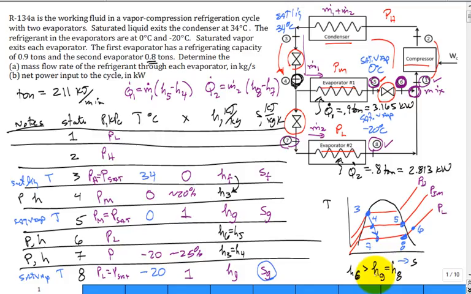Okay, that helps us get that enthalpy at 6, and the enthalpy at 8 is known. What about, at this point, we really can't get enthalpy at 1 and enthalpy at 2 until we finish solving part A, because we don't need the enthalpy at 1 or 2, we just need it at 5 and 4 and 7 and 8 in order to solve for part A. We have to know those m dots.